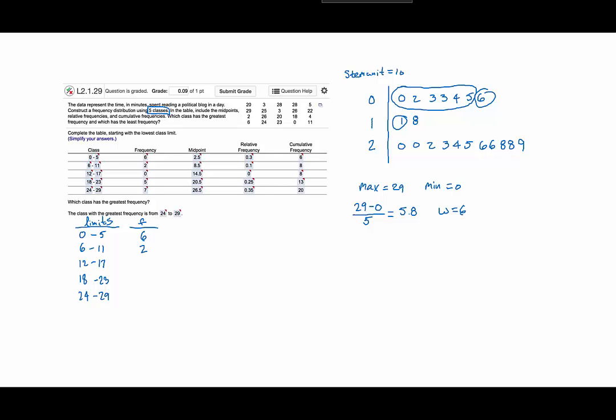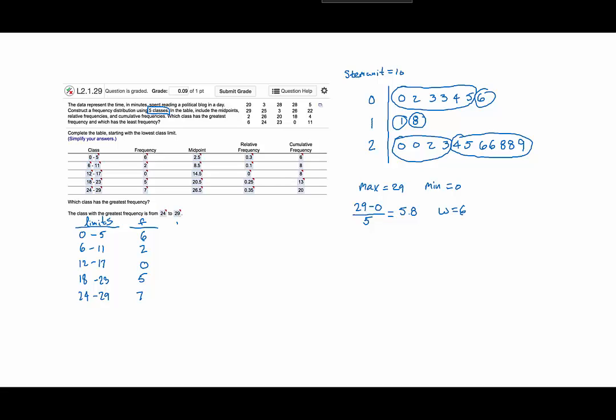Between 12 and 17, we have 0. Between 18 and 23, we have 1 and 4 more, so 5. Between 24 and 29, we have 7 values.